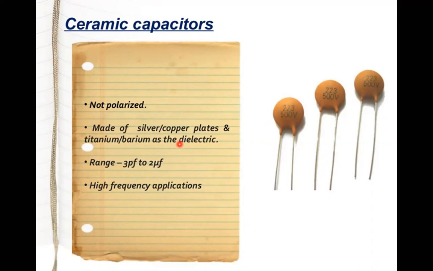It ranges from 3 picofarad to 2 microfarad, with high frequency applications. This is how it looks. So these are all called ceramic capacitors. See, they have the value printed onto the capacitor, like 223 or 500 volt and so on. We will understand how the labeling of the capacitors is done.